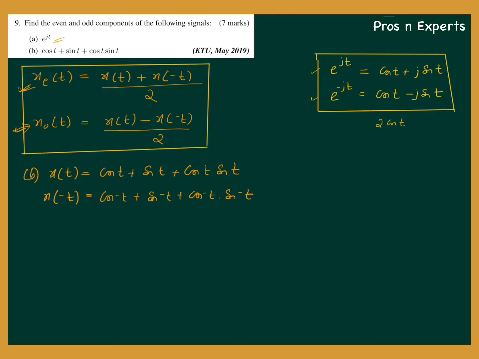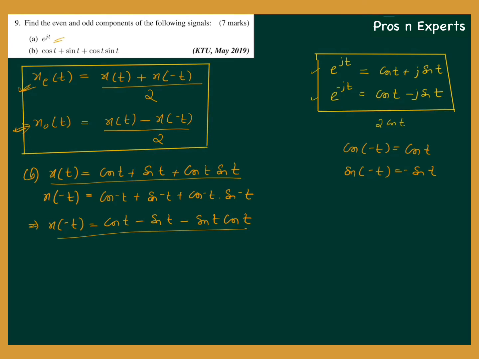You know the trigonometric relations: cos of minus t is equal to cos t and sin of minus t is equal to minus sin t. Applying this, you will get x of minus t as cos t minus sin t minus sin t cos t.